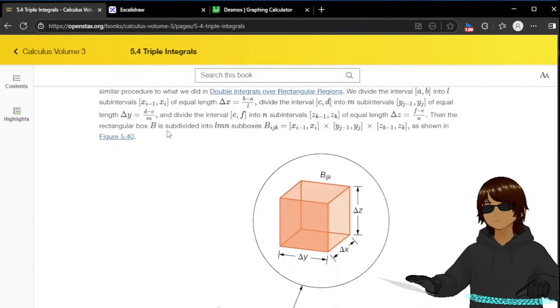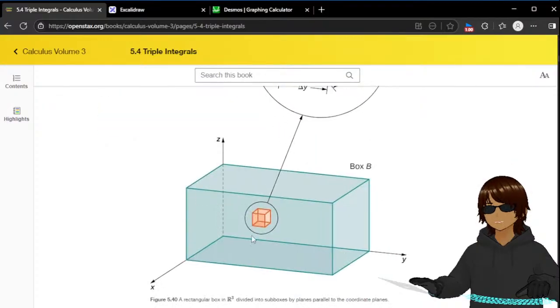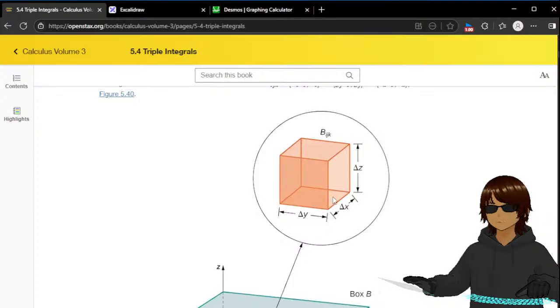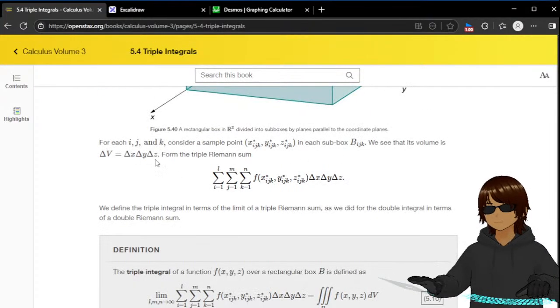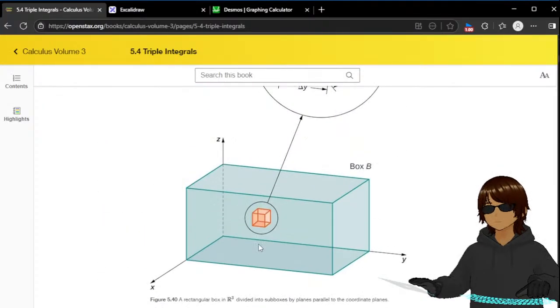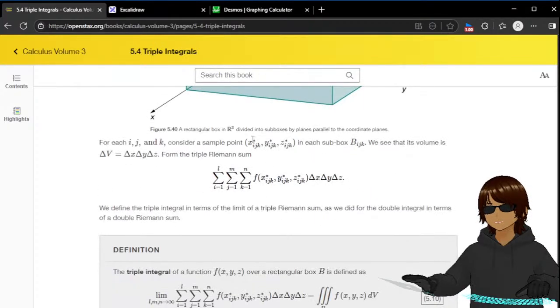Then the rectangular box is subdivided into l m n subboxes. So this giant box is divided into subboxes, and each box has volume delta x, delta y, delta z. For each i, j, k, consider a sample point x star, y star, z star, which is a random point inside the subbox.